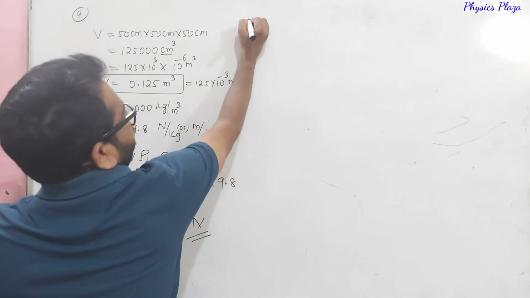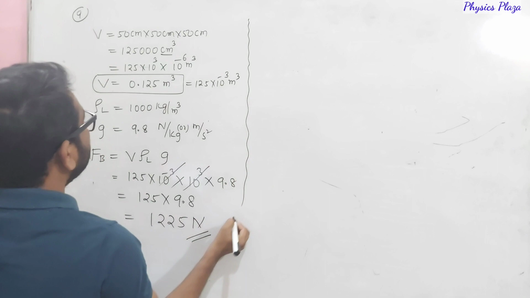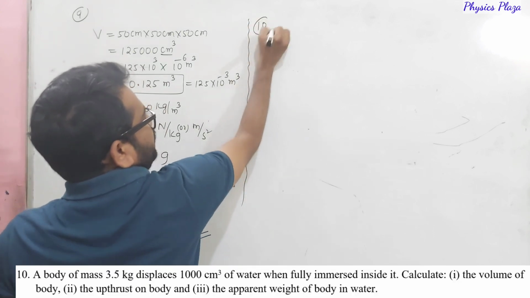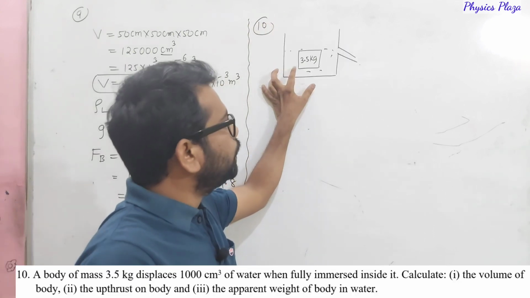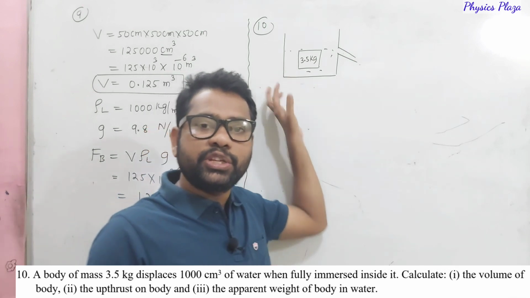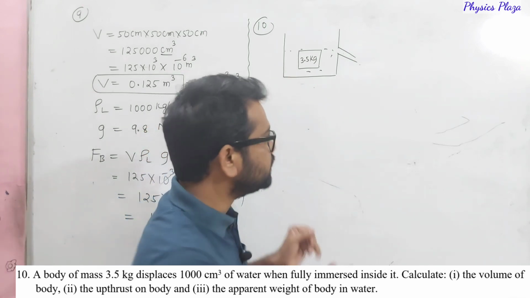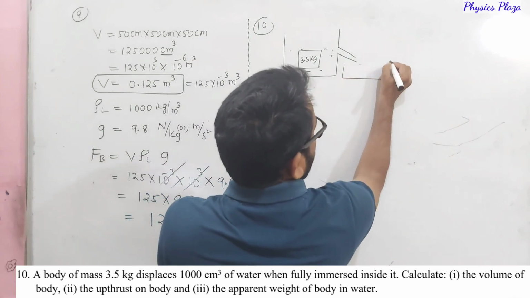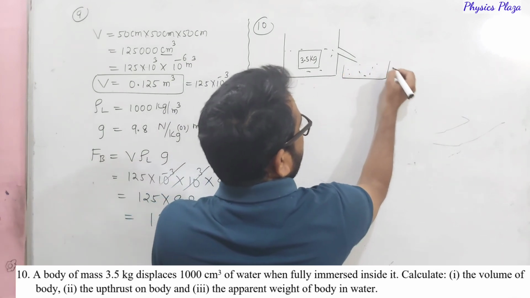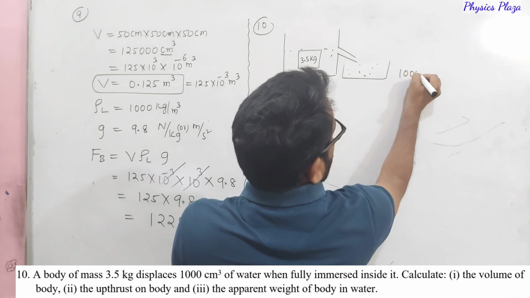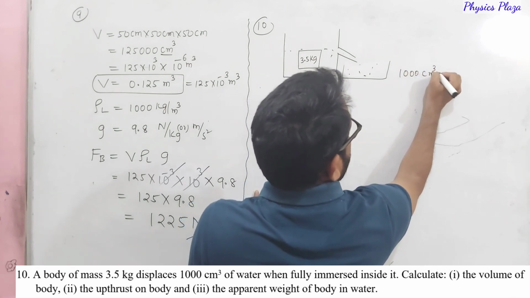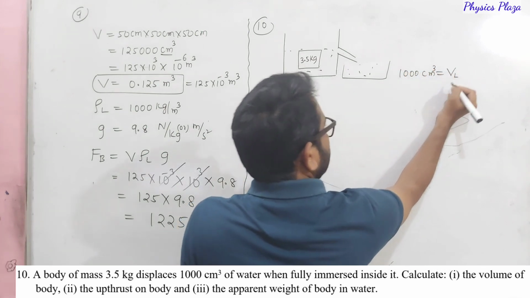Okay, fine. In the 10th numerical, children, it is given that a body of mass 3.5 kg is immersed in water. Then it displaces some amount of water, right? So it is given that the amount of water or liquid displaced is 1000 centimeter cube. So children, this is the volume of the liquid displaced.